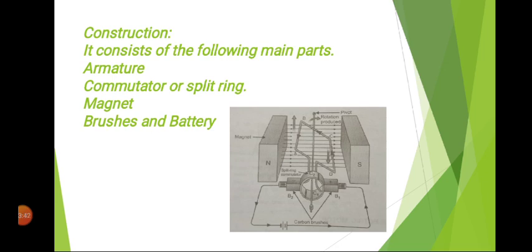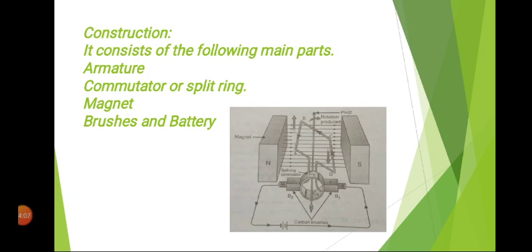Now, what is armature? It is a rectangular coil which we can see in the diagram, that is ABCD. Okay, this is wound on a soft iron core, and this coil is known as armature.